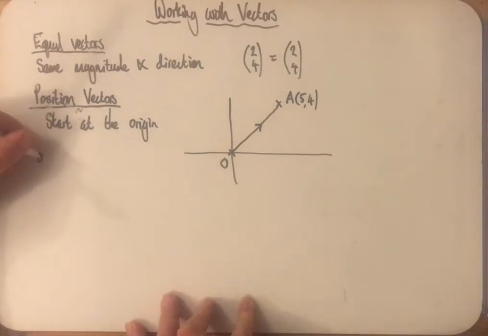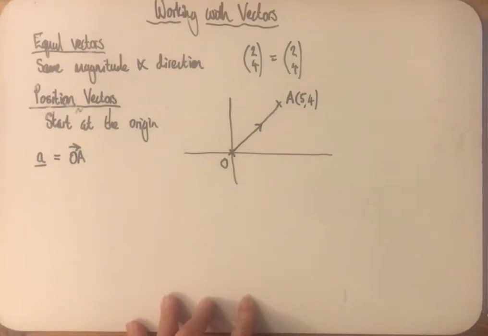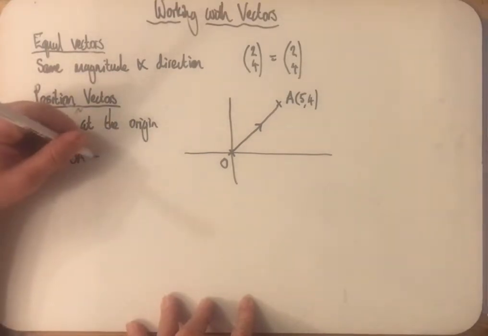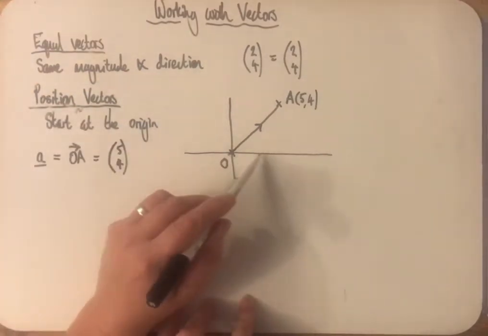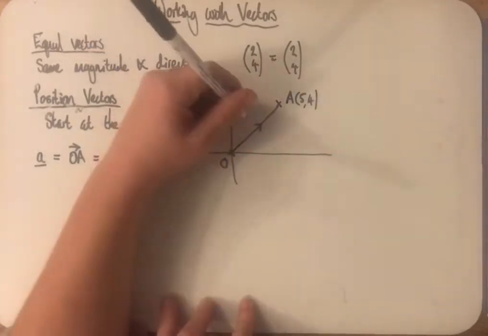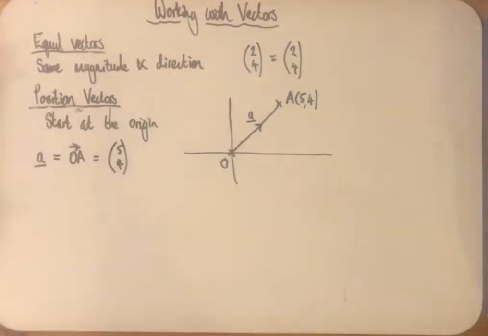You can write this as lowercase a underlined, or this notation is quite nice. You can write it as OA with an arrow on the top, and that's equal to 5, 4. So the position vector of A is 5, 4. But you will see this lowercase notation used a bit for position vectors.